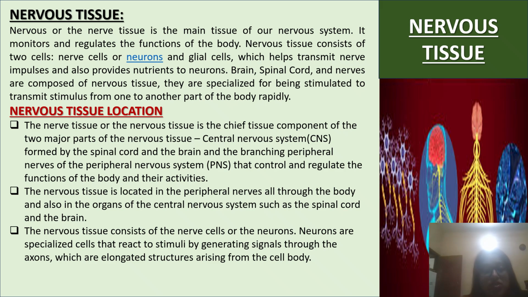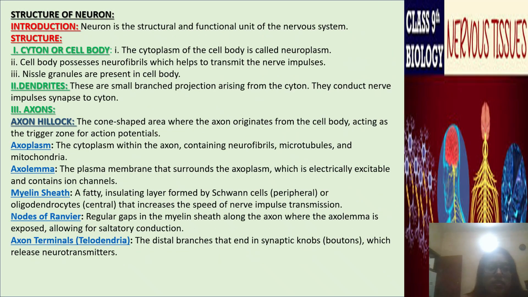Next, the nervous tissue is located in the peripheral nerves all through the body and also in the organs of the central nervous system such as the spinal cord and the brain. Next, the nervous tissue consists of the nerve cells or the neurons. Neurons are specialized cells that react to stimuli by generating signals through the axons, which are elongated structures arising from the cell body.